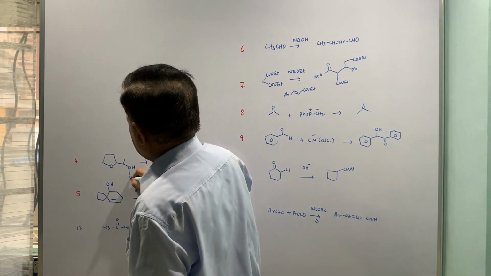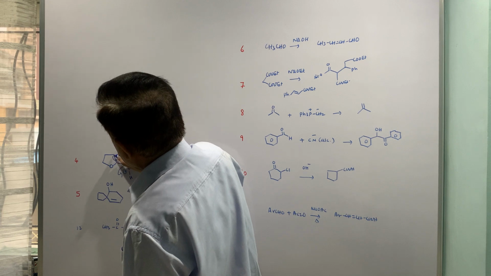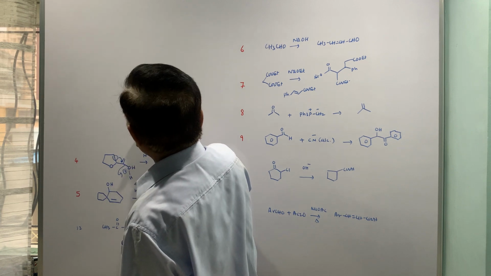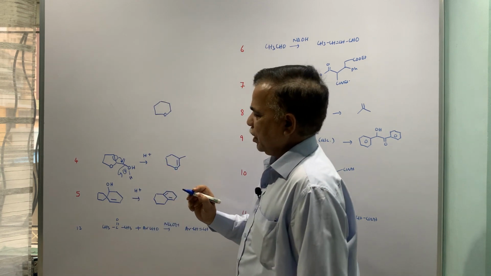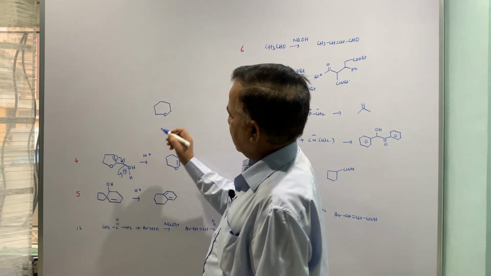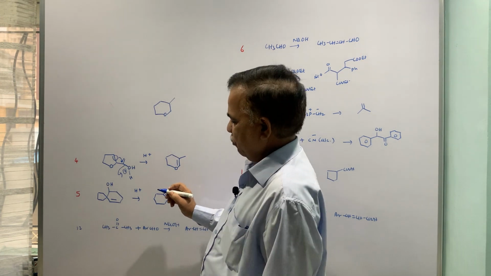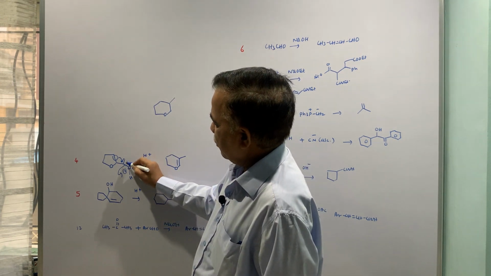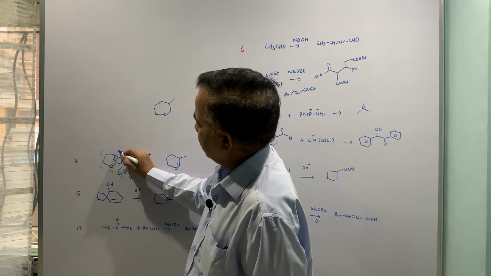Here also protonation takes place, this goes off, the ring expands. So, from 5-membered you can count this carbon also. So, this becomes a 6-membered ring. If you want, you can number them right from here 1, 2, 3, 4, 5 and 6.